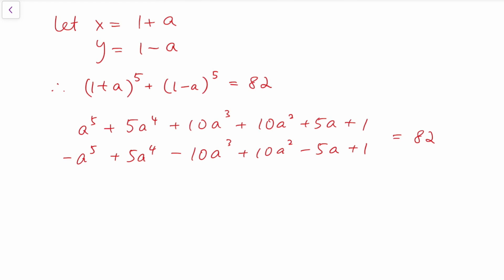So simplifying, we have 10a to the power 4 plus 20a squared minus 80 equals 0.